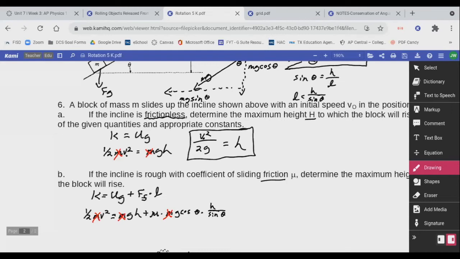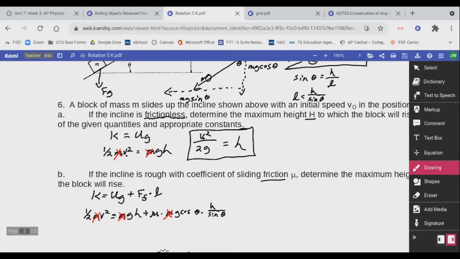Now, we can't say it's gravitational potential plus friction because friction's a force. We have to make it an energy, and force times a distance is work, which is a change of energy. And that's why we had to incorporate L. I hope that helps. But you can't just put force into an energy equation and say, ta-da. You have to make it energy because it's an energy equation.